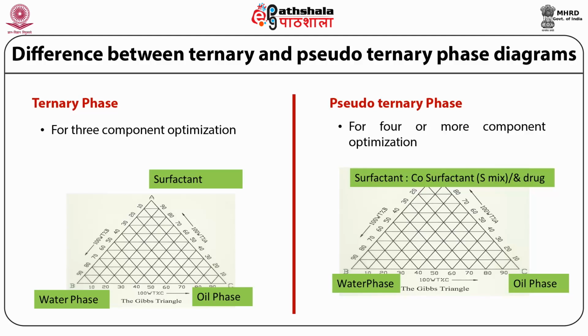Therefore, it is called a pseudo-ternary phase diagram. Instead of S mixture, we can also take a drug, or a combination of drug and S mixture, in one of the corners of a Gibbs triangle.